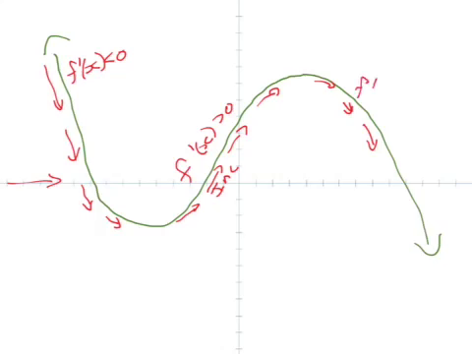So f accent of x is smaller than naught, which leads me again to say there and there I have 2 points where f accent of x is equal to naught. And again we can say they are both stationary points.